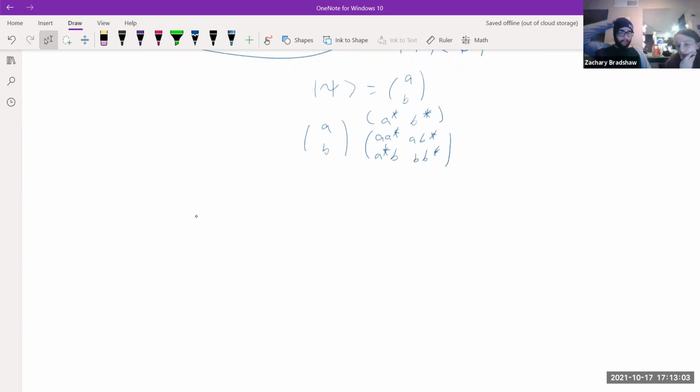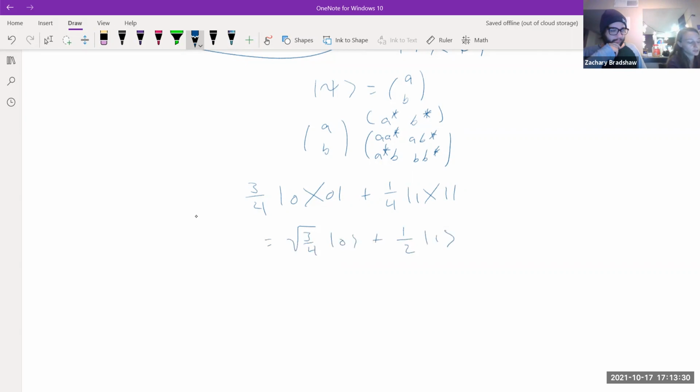Yeah. Well, the book gives you an example. You might have 3/4 |0><0| and 1/4 |1><1|. And you might naively think that this is equivalent to the state square root of 3/4 |0> plus 1/2 |1>. And you might think that it's this one, but in fact you can get it a different way.